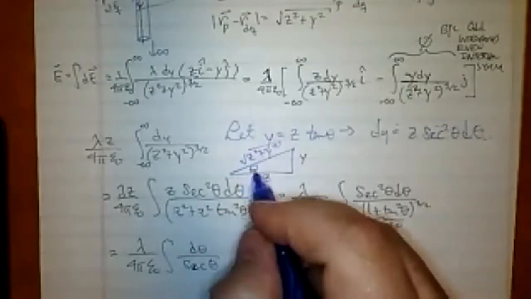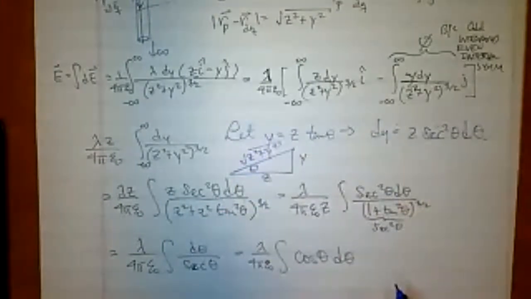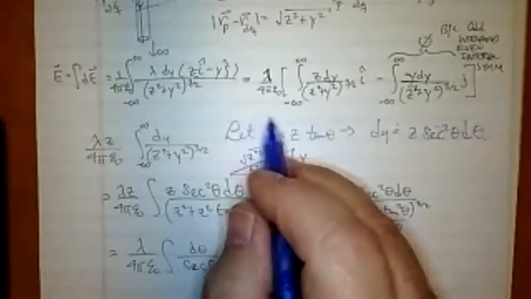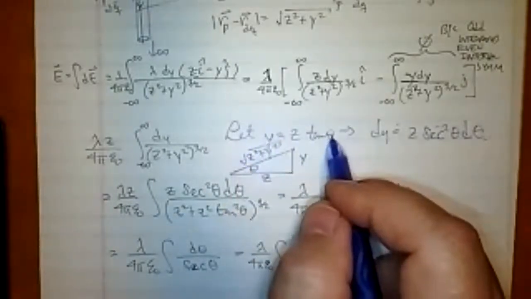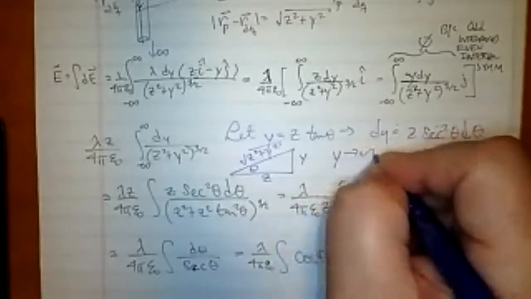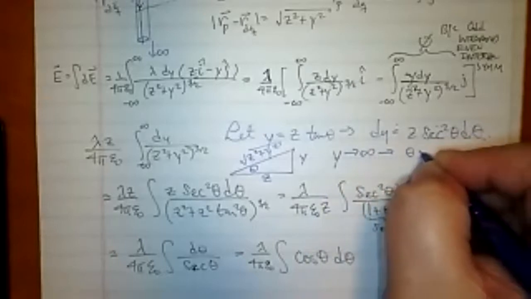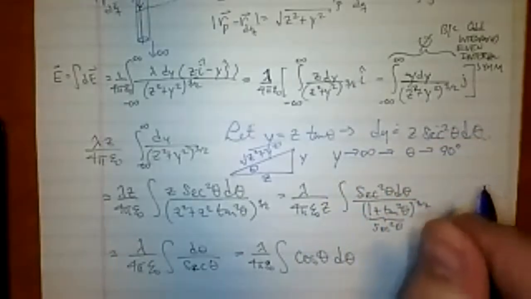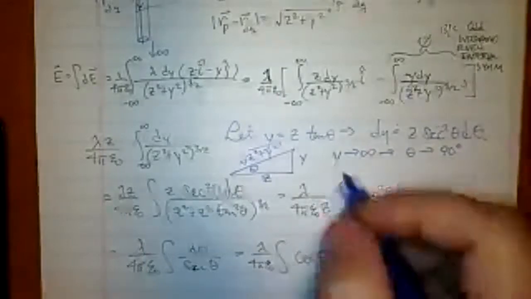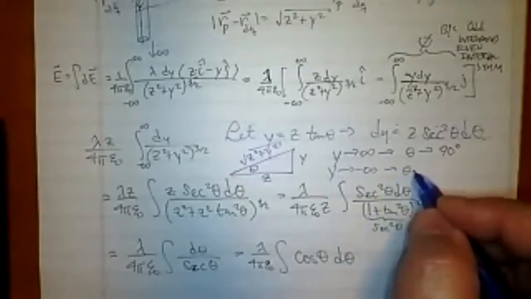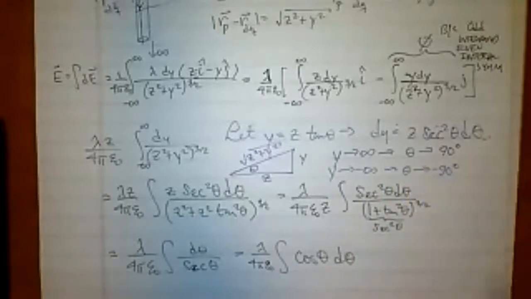Notice tangent theta equals opposite over adjacent, so that gives you exactly what you want. And you see, as y goes to infinity, theta would go to 90. So y going to infinity implies theta goes to 90 degrees, or of course pi over 2. And then y going to negative infinity implies theta goes to negative 90 degrees. So that works. That's one way you can think about it.